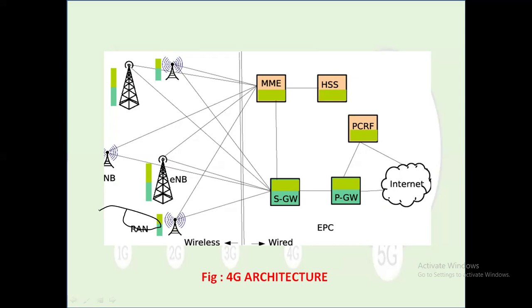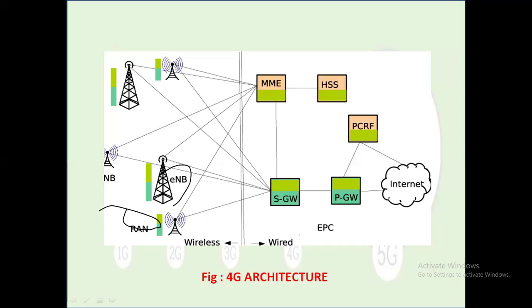RAN stands for Radio Access Network, and Evolved Node B. The RAN connects mobile devices to the network via LTE, long-term evolution, while the E-Node B manages radio resources and communicates with mobile devices.